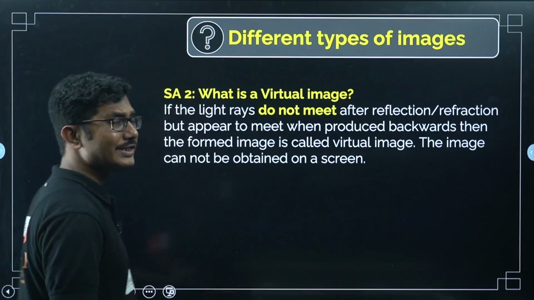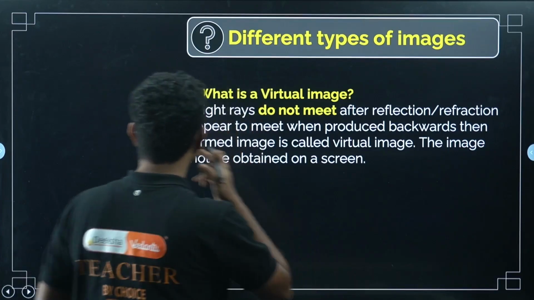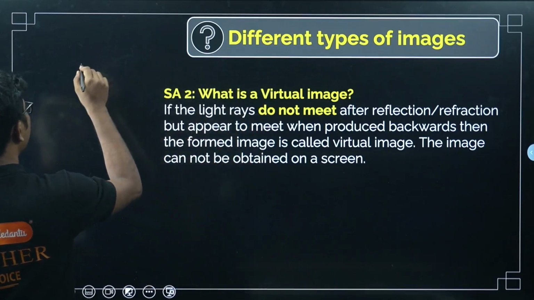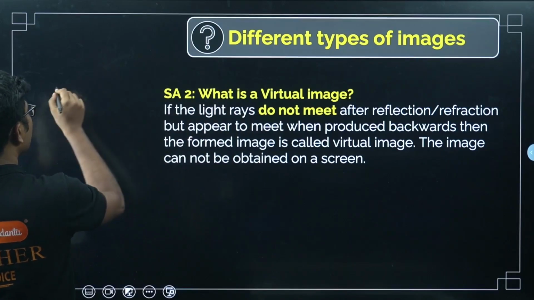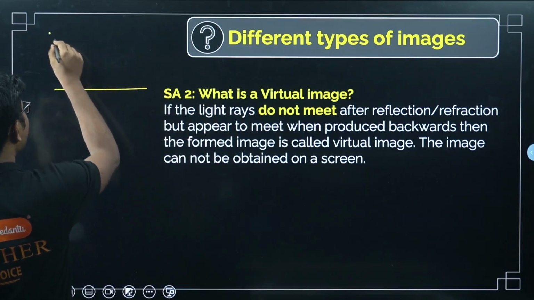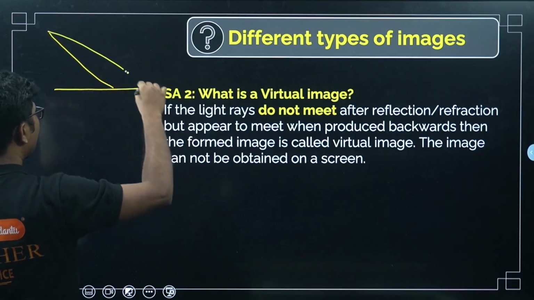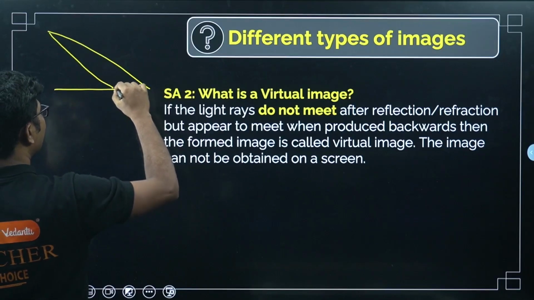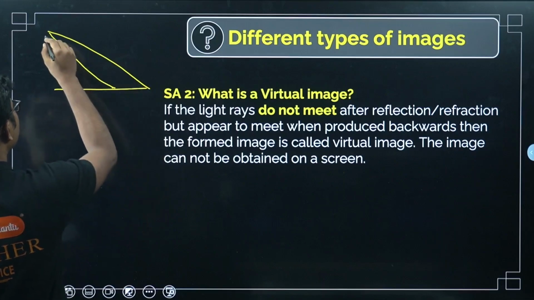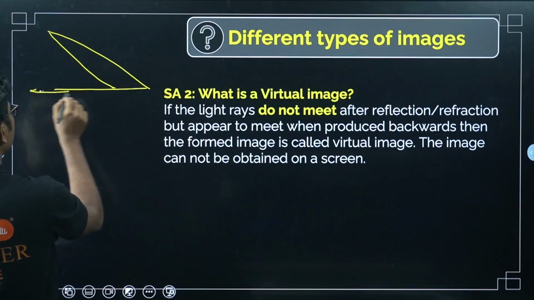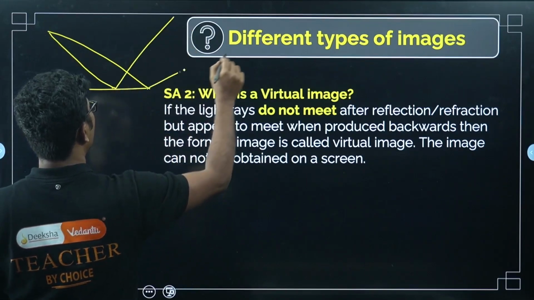For example, when we see ourselves in a mirror, what happens in the mirror is that the light from a source comes, and after reflection, the rays do not meet at some point, they just simply go back, right?